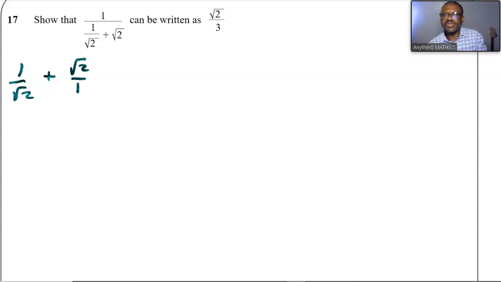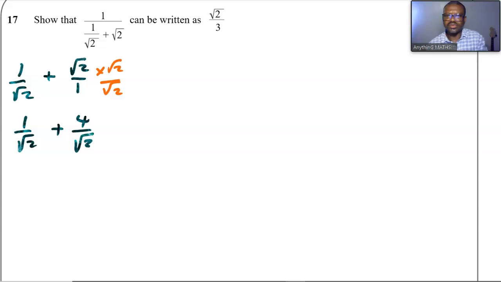And what we're going to do, we multiply here by root 2 and divide by root 2. Okay, this is not rationalization. We're just doing addition of fractions. So the whole thing now becomes 1 over root 2 plus 4 over root 2.